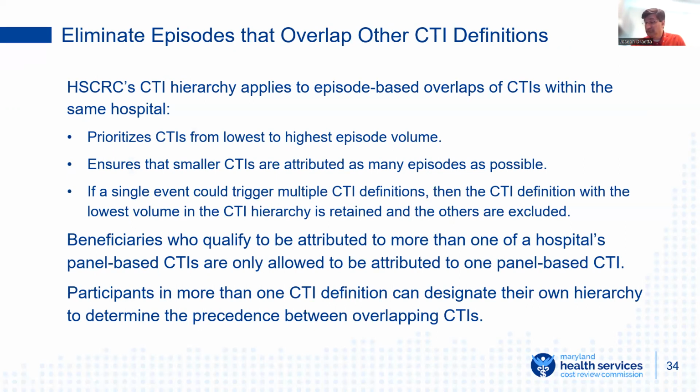So if a single event could trigger multiple CTI definitions, then the CTI definition with the lowest volume in the hierarchy is retained and the others are excluded. Beneficiaries who qualify to be attributed to more than one panel-based CTI are allowed to be attributed to only one of those panel-based CTIs. And we could circumvent this whole hierarchy if the participant specifies their own hierarchy to determine the precedence between overlapping CTIs.